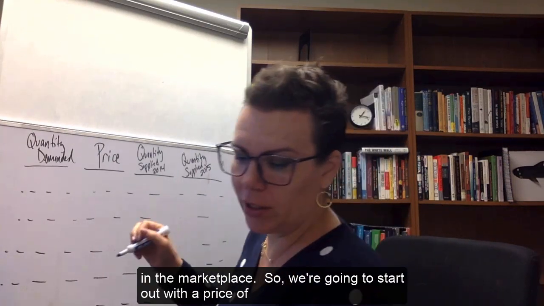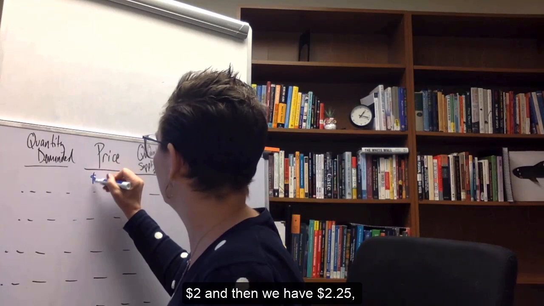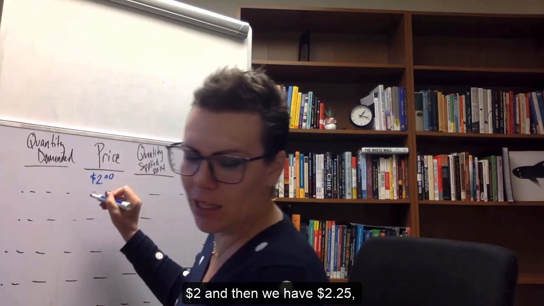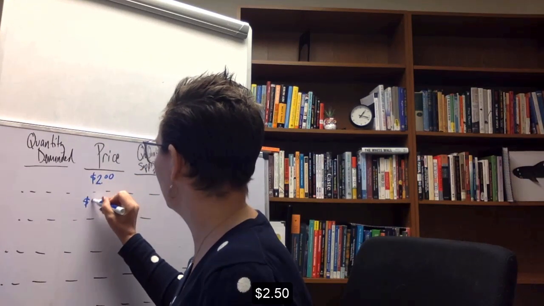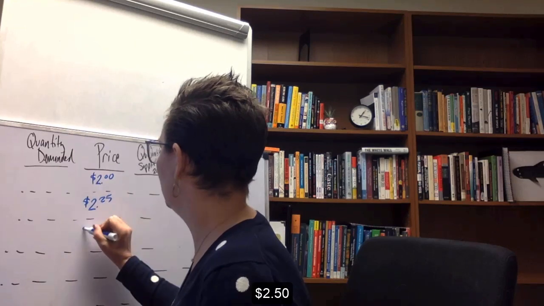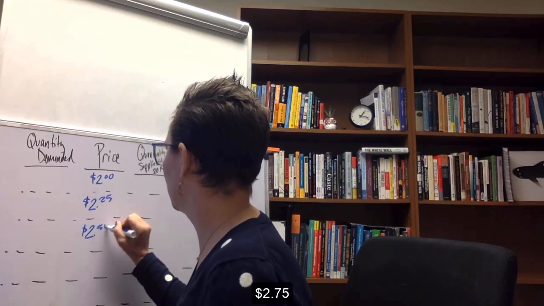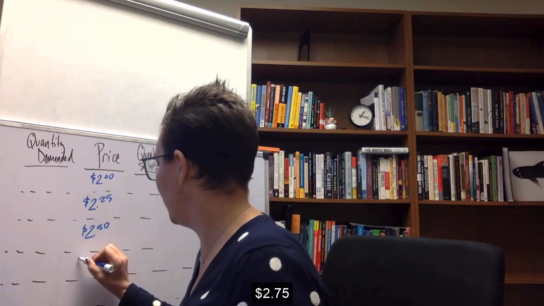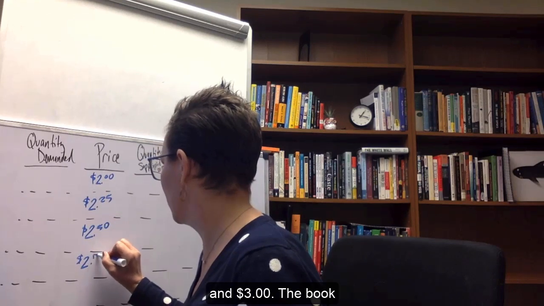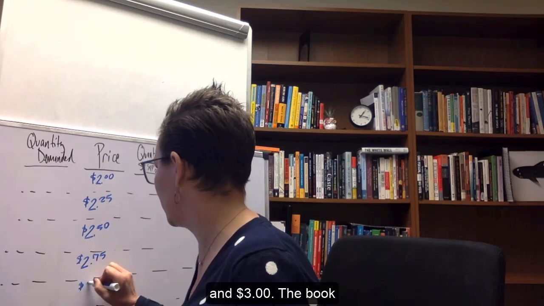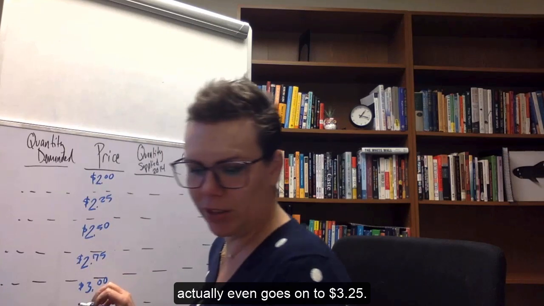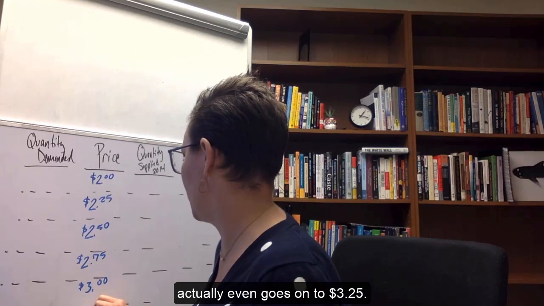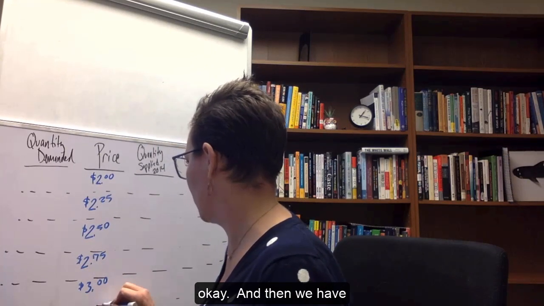So we're going to start out with a price of $2, and then we have $2.25, $2.50, $2.75, and $3. And the book actually even goes down to $3.25. I'm running out of room.